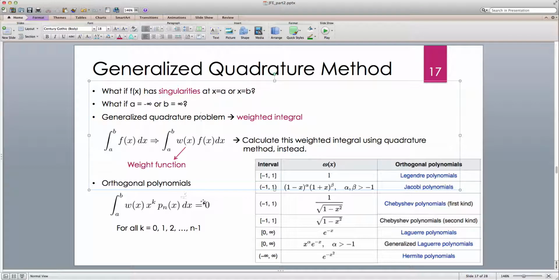But if f goes to infinity, we can use this weighted integration and suppress those high values by choosing a decaying function. All right? So this was the main idea of quadrature methods for numerical integration, and they are the most widely used methods when we deal with numerical integration.